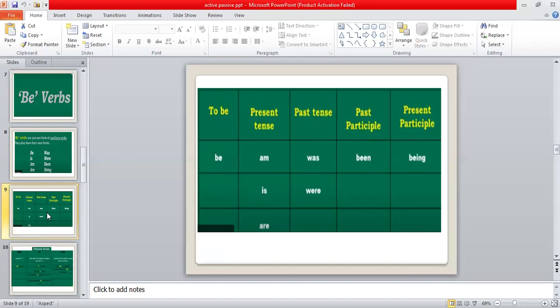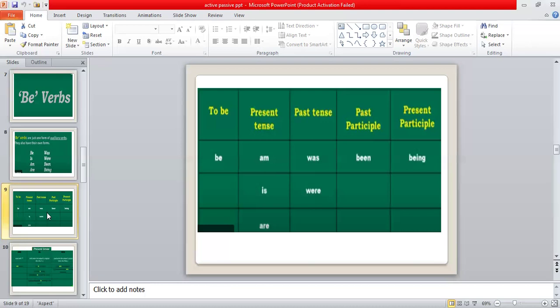If the sentence is in the past tense, with signal words like yesterday, previous day, previous night, then the past forms of be will be used, and the past forms of be are was and were. If you have to use the past participle, the third form of be is been.